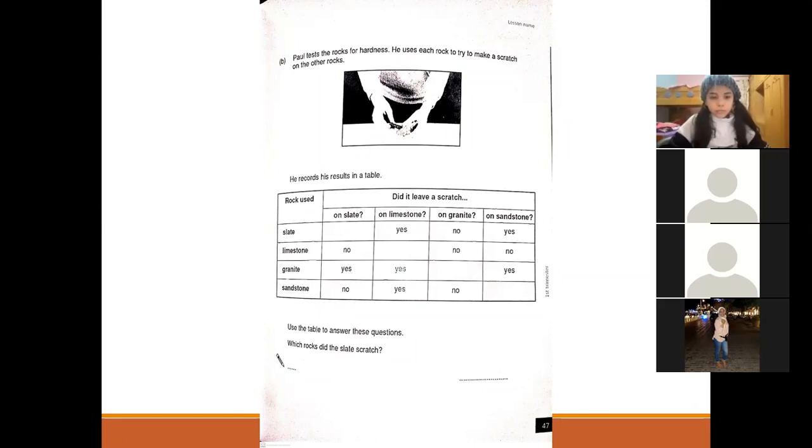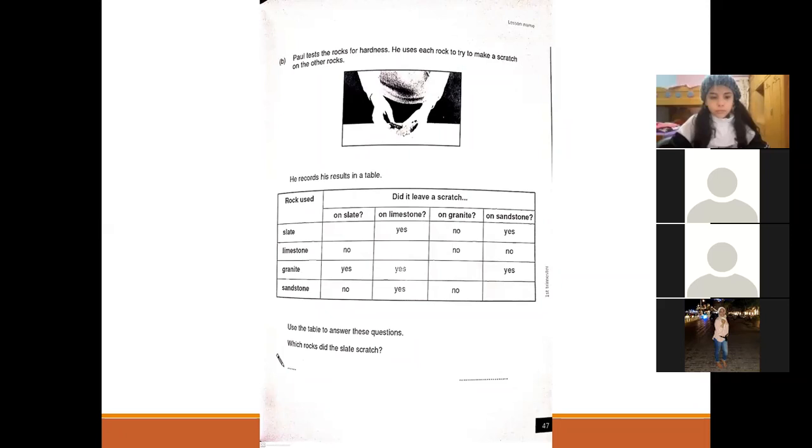I will pick up the slate and I will start scratching the slate using the granite. And then I will scratch the slate using the sandstone. And then I will scratch the slate using the limestone. Okay? The next thing, I will pick up the sandstone and I will scratch the sandstone using the granite.